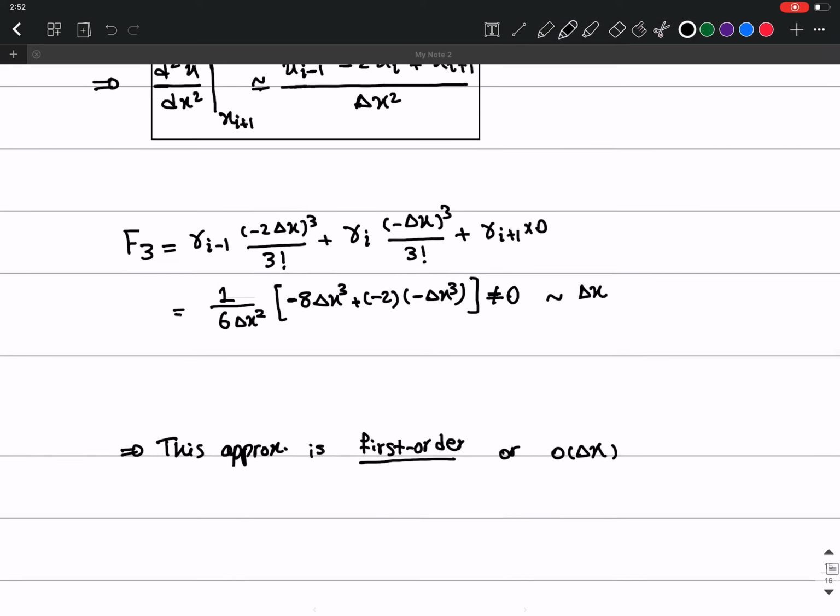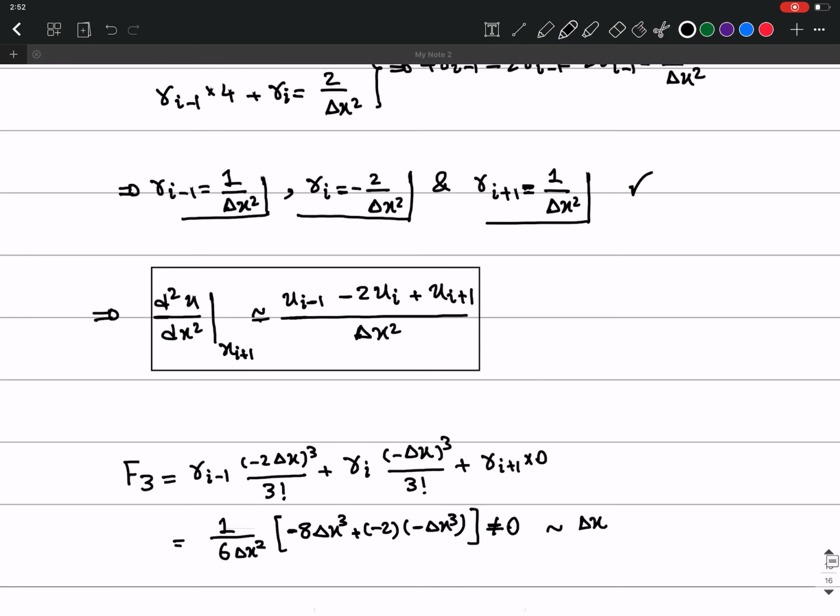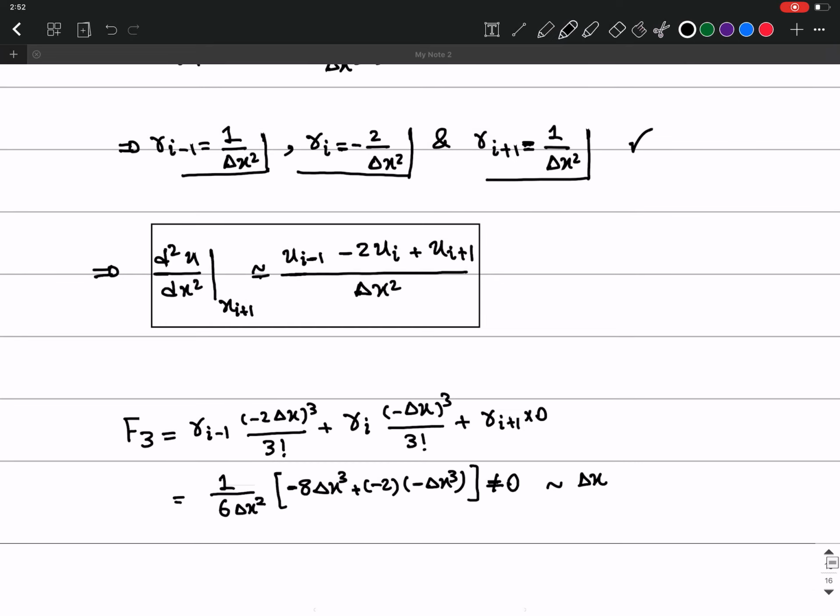So let's see something interesting. If you have seen this before, this is a center difference scheme. You might have expected that this should be second order, like order delta x squared. But why is it order delta x? The reason is we are expanding this over xi plus 1.